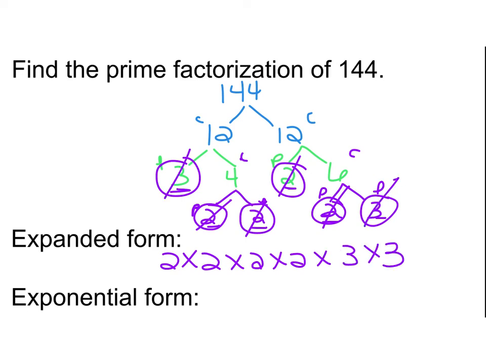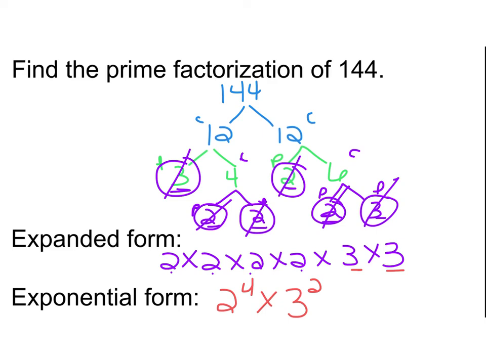So I got all my circled prime numbers. 4 is composite, 6 is composite, so I can't include those. So now I'm going to write it in exponential form. So I have 1, 2, 3, 4. So I'm going to do 2 to the 4th power times 3 to the 2nd power. And I have my expanded form and I have my exponential form.